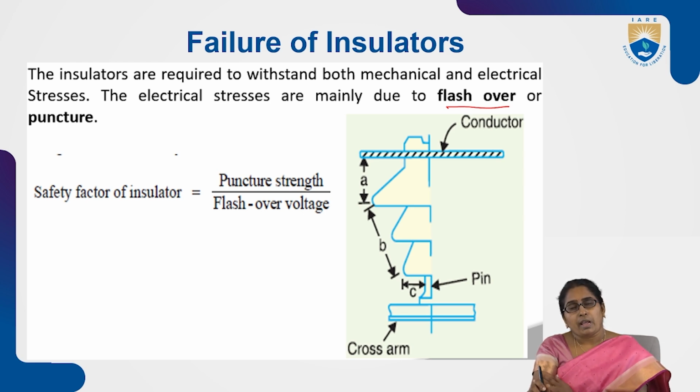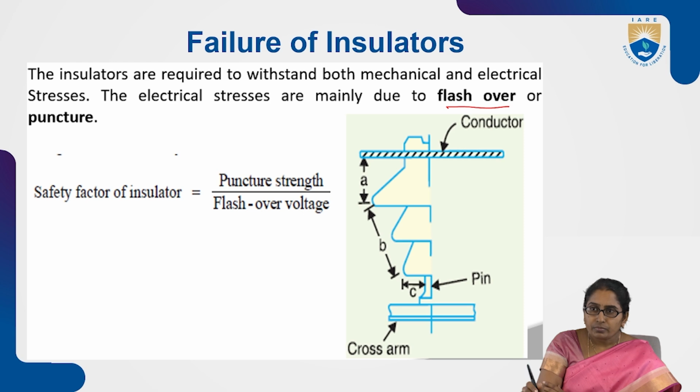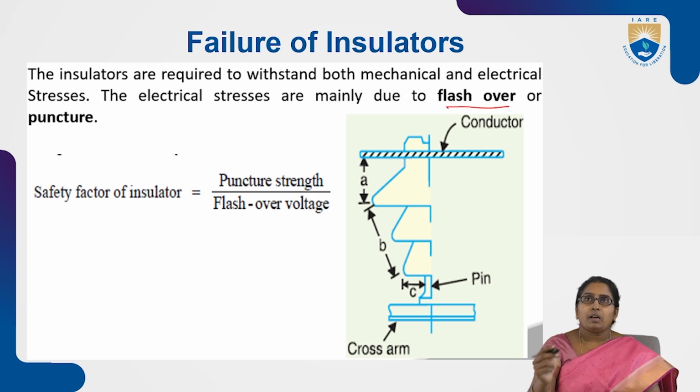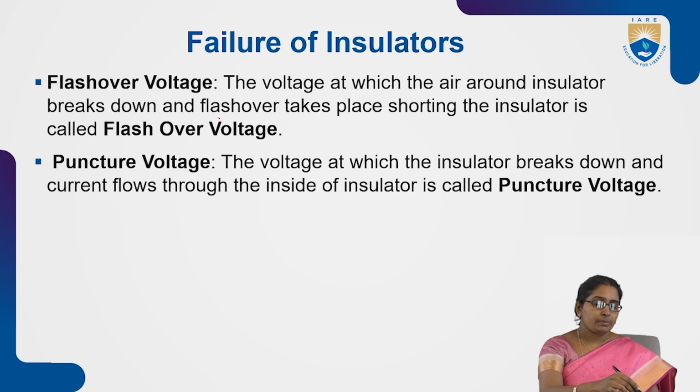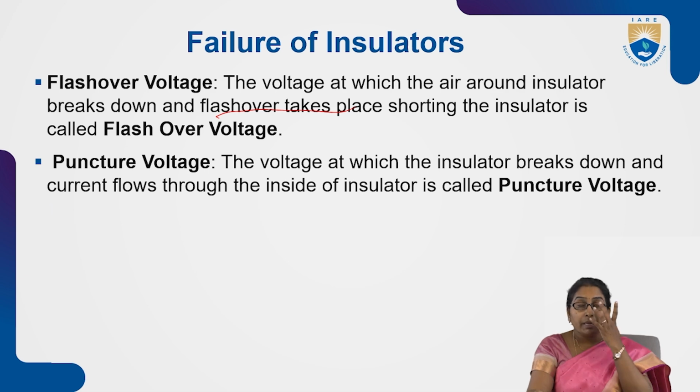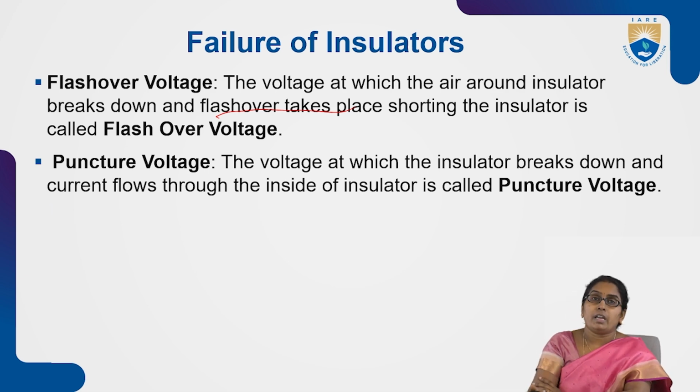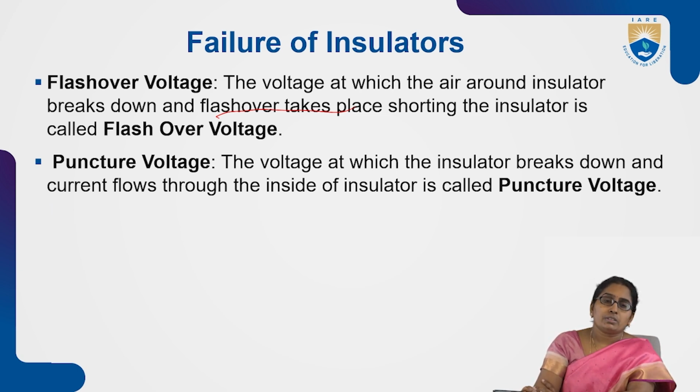The flashover, okay, the air around the insulator gets breakdown, right? And finally the flashover takes place, okay, shorting the insulator. Here the flashover means that is an arc or discharge, okay, a discharge occurs, shorting the insulator.